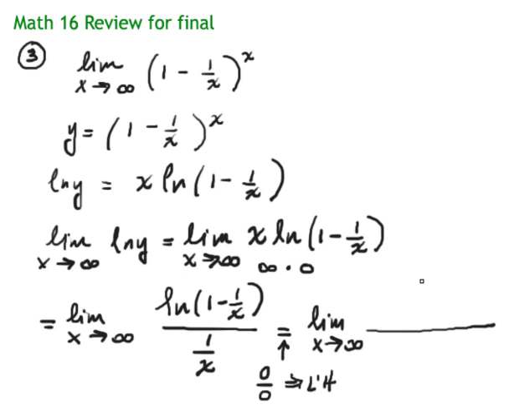All right, the derivative of the top is 1 over (1 minus 1 over x) times the derivative of the inside, which is 1 over x squared. And the derivative of this denominator is minus 1 over x squared. We have some canceling going on here, so let's simplify this.